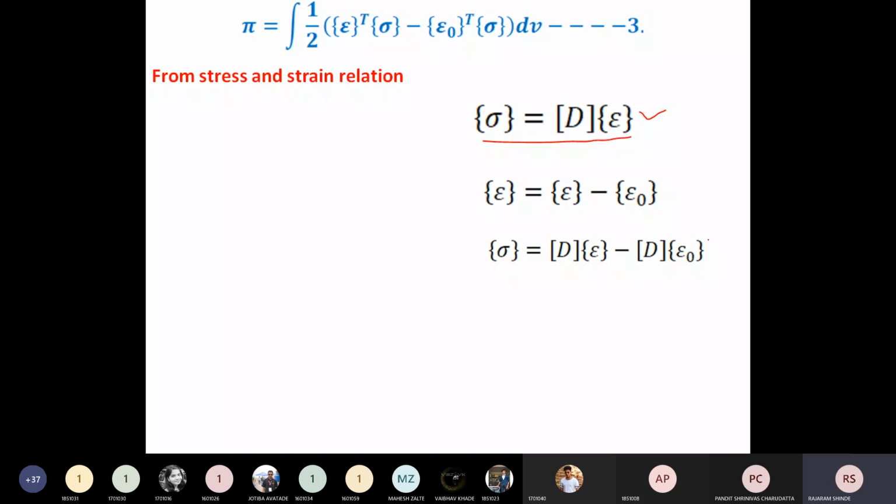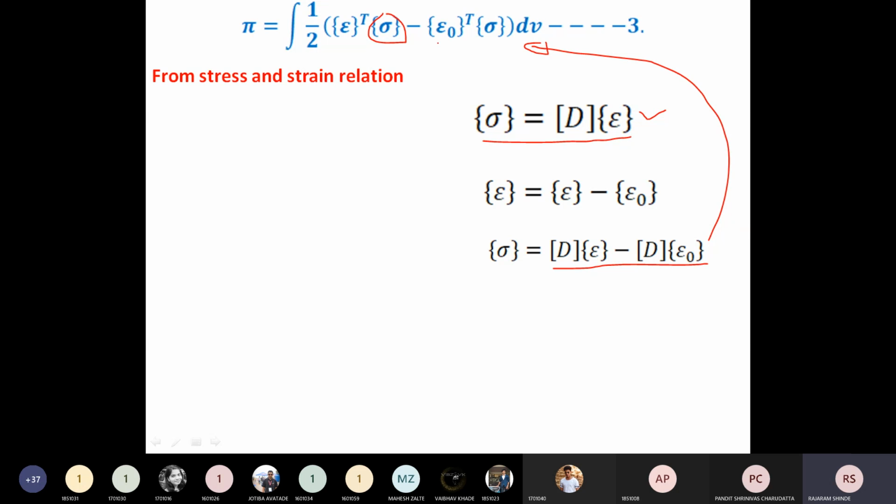Okay. Now you put this term in the equation number 3. Now what is the first term? First term is half of epsilon transpose into this complete term d epsilon minus d epsilon 0. That is, that stress term will be replaced by d epsilon minus d epsilon 0. Okay.